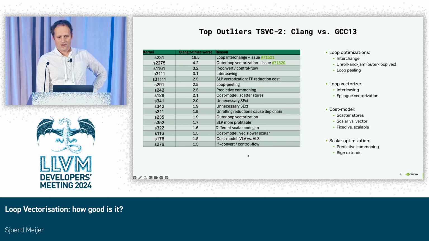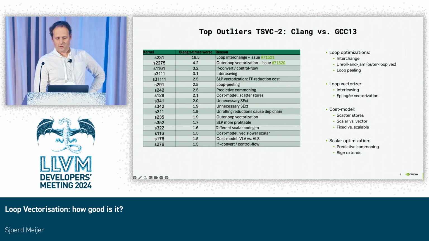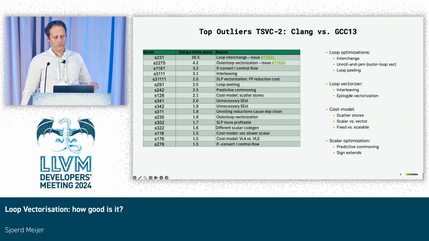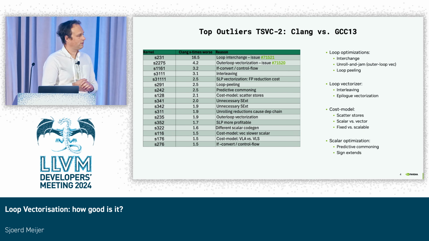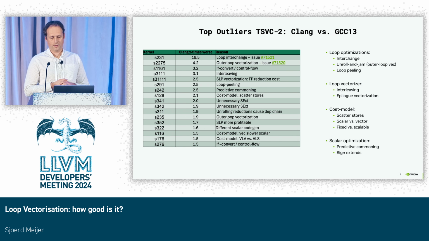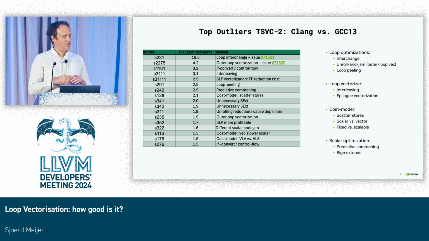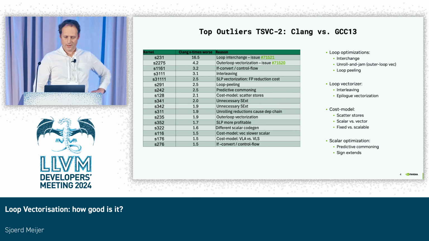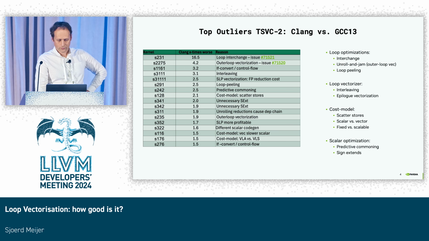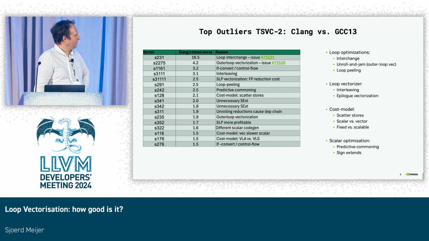The loop vectorizer itself, that's mainly tuning in terms of more interleaving and epilogue vectorization. Epilogue vectorization is available in Clang. It's effectively disabled because of a very high threshold, which is being addressed by Apple. And then all sorts of cost modeling issues.